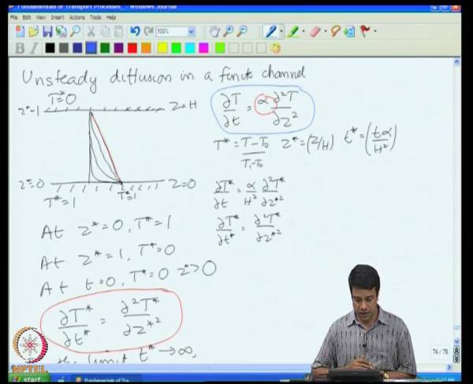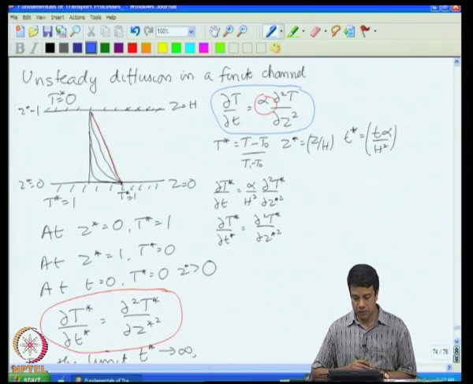We had defined the scaled z coordinate as z star equal to z by capital H, okay, and we put that into the equation and managed to get out a scaled time t star equal to t alpha by h square. This is a dimensional necessity, because the only parameters in the problem are alpha, the thermal diffusivity, and h, which is the distance between the two plates.